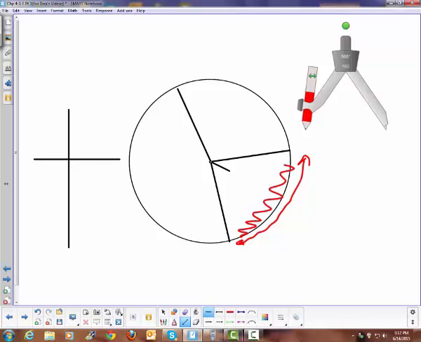So if I draw another radius here, it is exactly the same as these other two. I noticed that on this particular circle, this radius right here, I did not draw very carefully, and it did not reach the edge of the circle, so its length would be a little different than these three. But had I drawn it correctly, it would have been just fine.